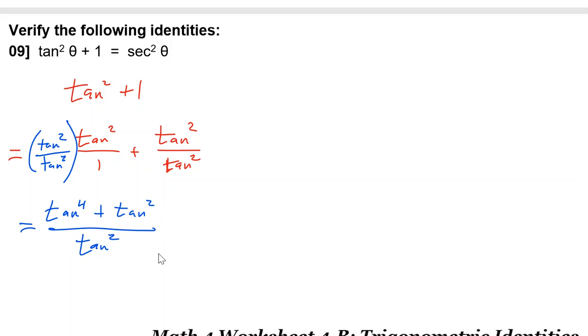Perhaps I need to look at this from this direction. Remember, that's one of our identities. What would happen if I took everybody and divided them by cosine squared?